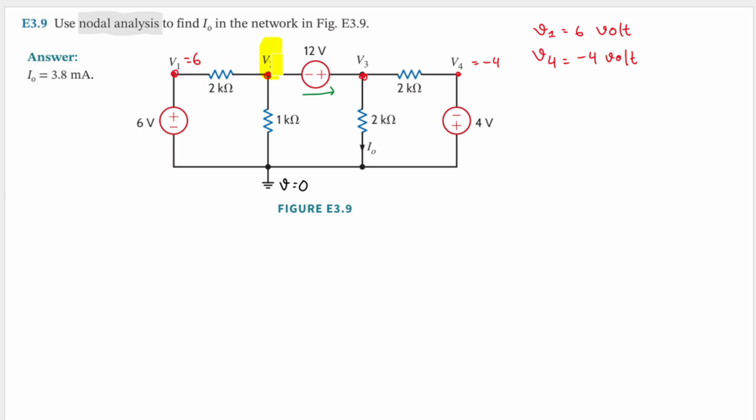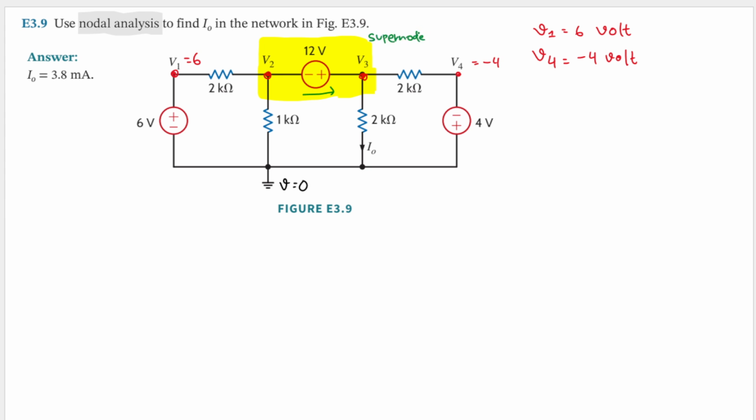We see V2 and V3 as a single super node. This yellow highlighted part is our super node.